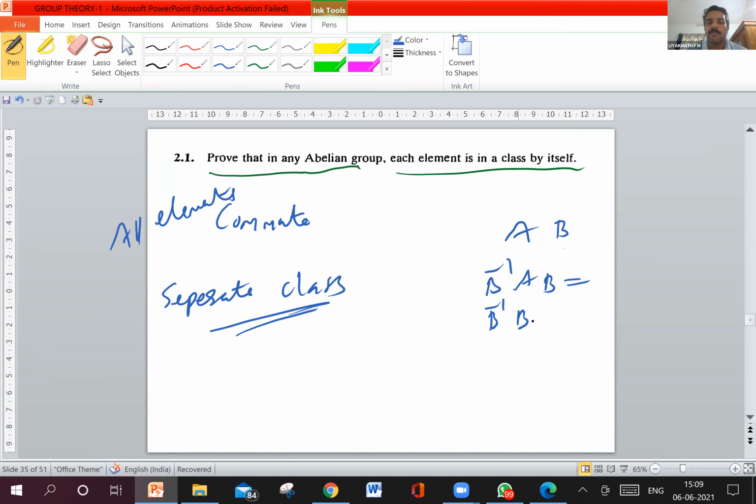So this is equal to E into A, which is A. So the similarity transform of A with B will be equal to A. Similarly, if all the elements commute with each other, the similarity transform will always result in the element itself. So that forms a separate class. So in an abelian group, since all the elements are commutative, they form separate classes. That is the answer.